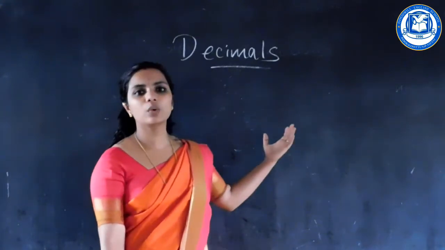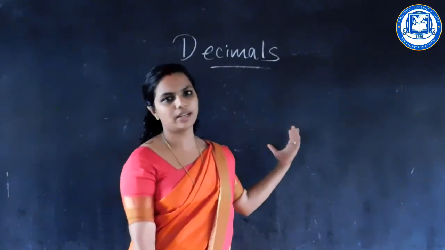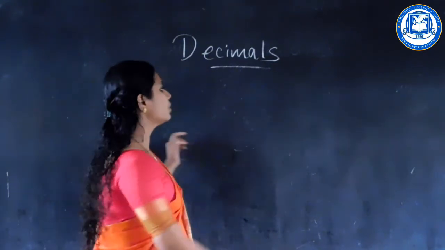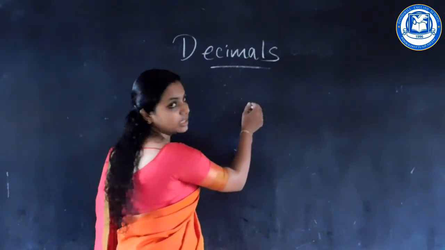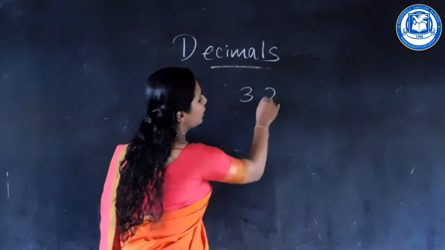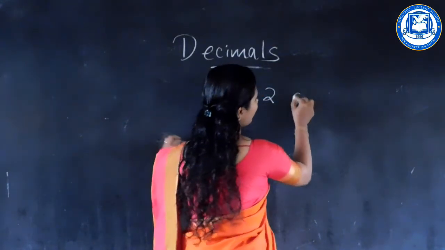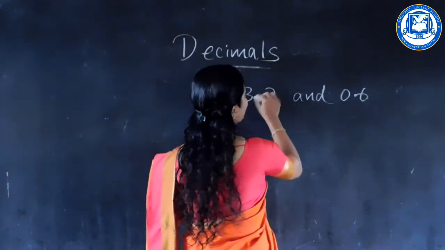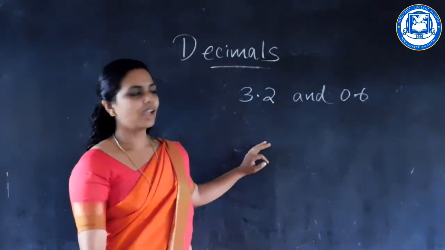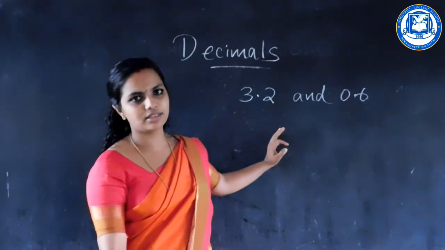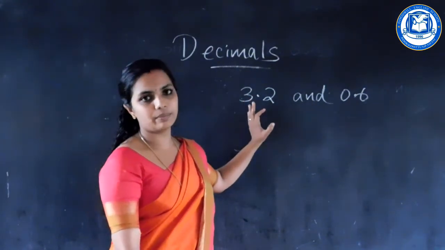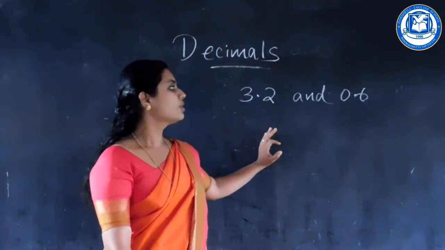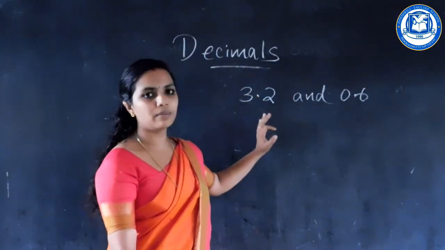Okay, now we can look at how we can divide two decimal numbers. When we are dividing two decimal numbers, for example, 3.2 and 0.6. As we have told in multiplication, this is also a decimal number. So first we must convert this decimal number into a fraction.